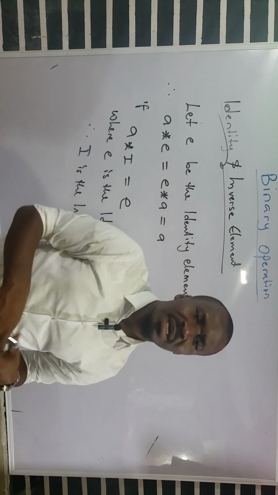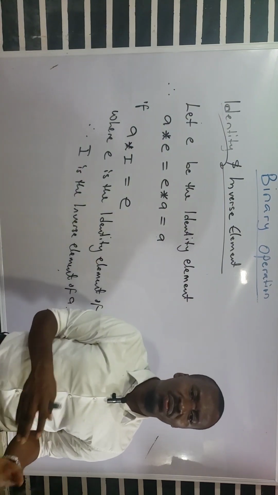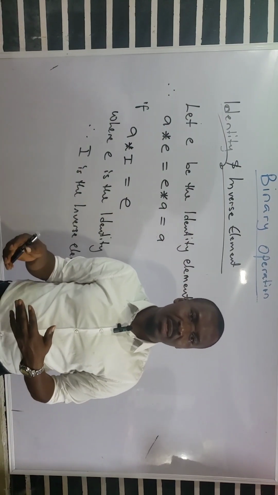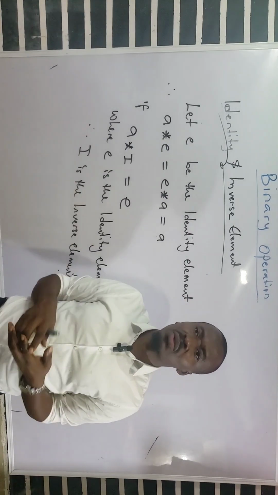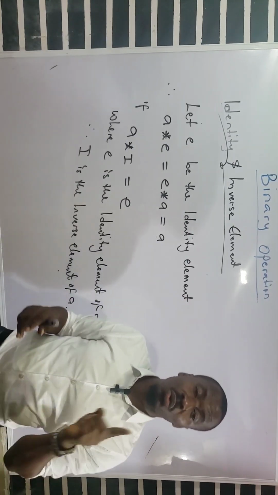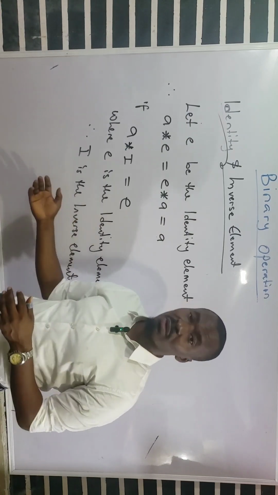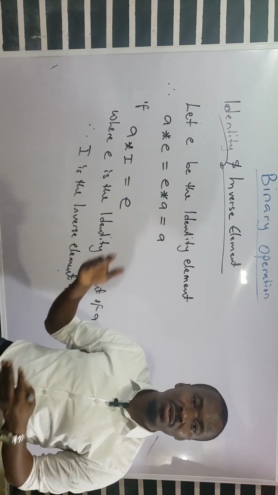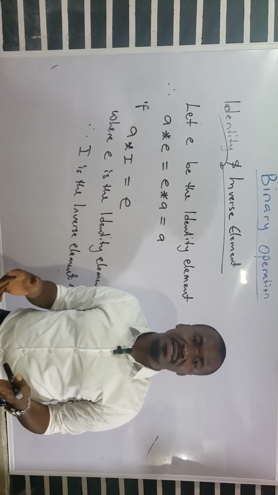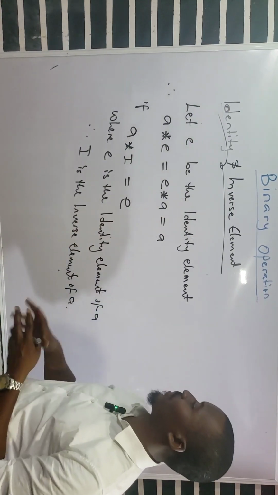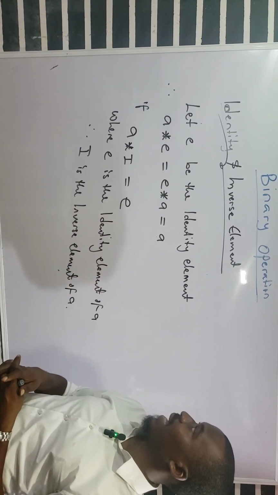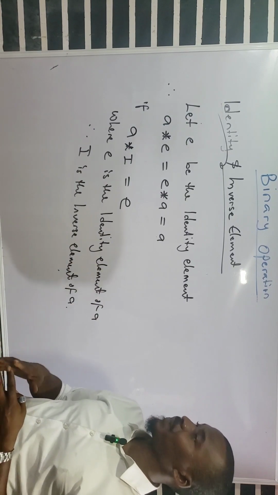In some exam questions, they will ask you to find the inverse and will not even say anything on identity. What that examiner is trying to tell you is that you should first find your identity, then use it and get your inverse.